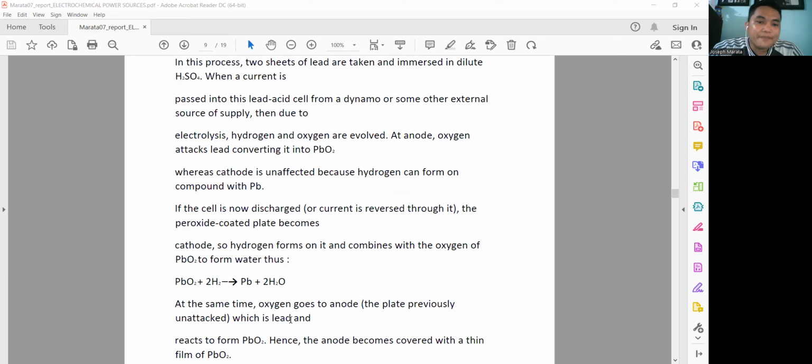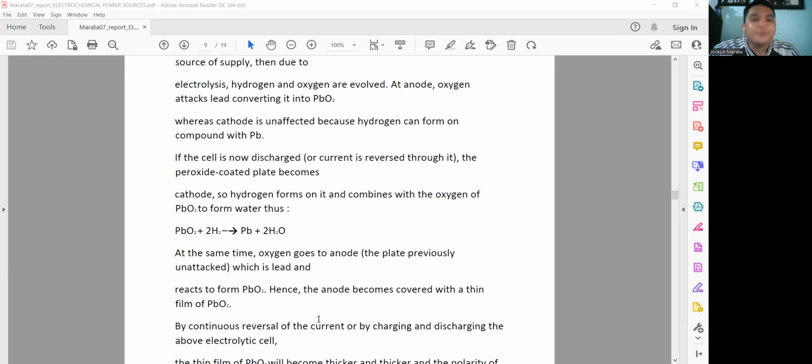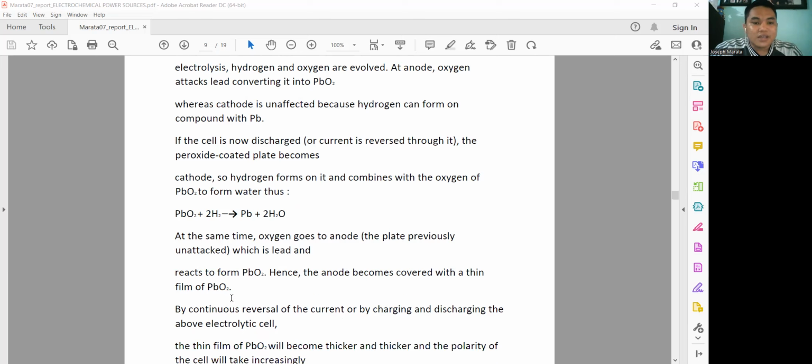At the same time, oxygen goes to the anode, the plate previously unattacked, which is lead, and reacts to form lead oxide. Hence, the anode becomes covered with a thin film of lead oxide.